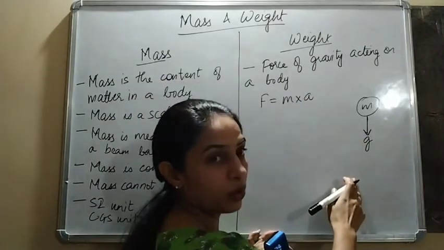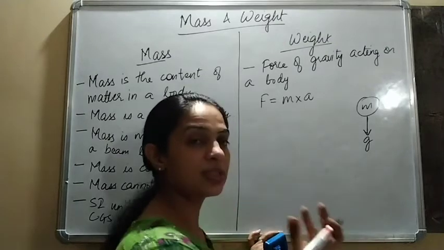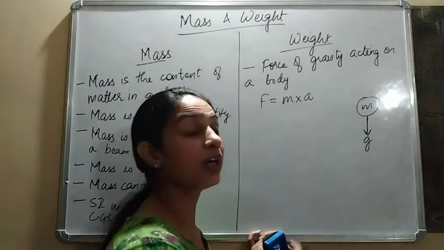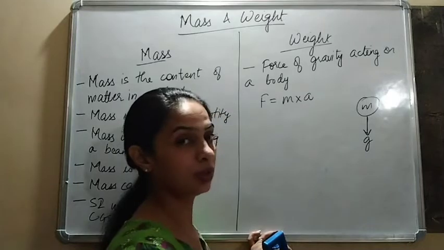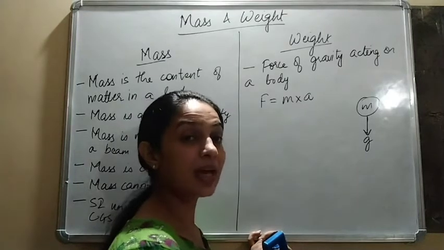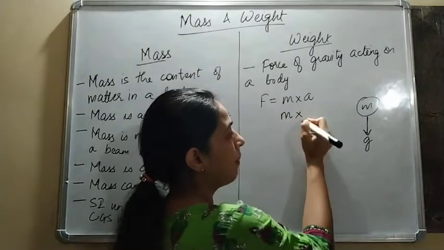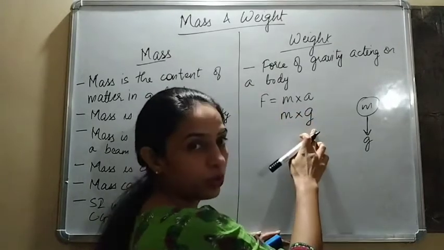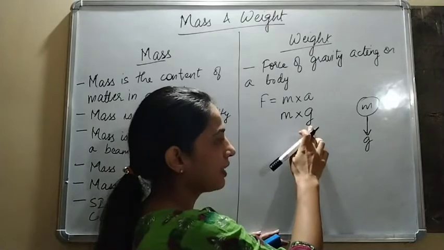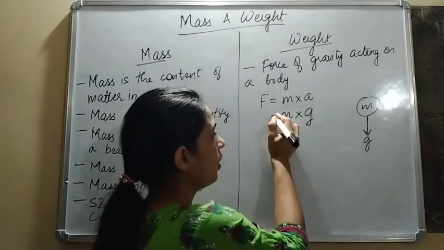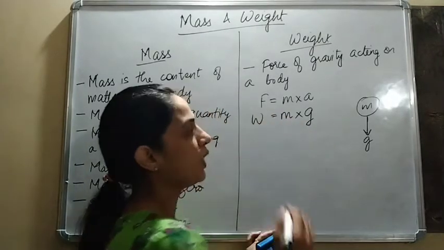When we are talking about the force of gravity, the acceleration which acts on every body due to gravity is acceleration due to gravity. So on a body of mass m, when acceleration due to gravity acts, then mg, this product is called weight.